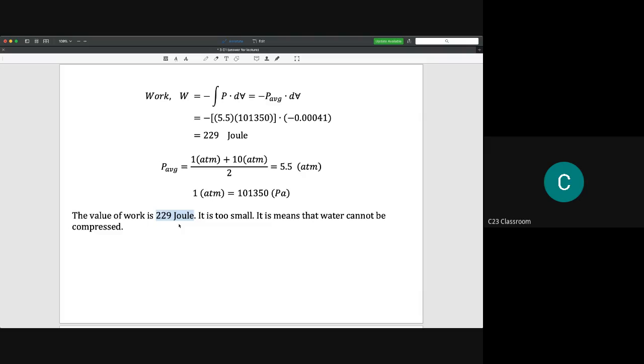Just think like you have a machine and it starts to press, but when it reaches 229 joules, your machine stops. So it means you actually need a lot more, maybe greater energy, to compress water to 10 atm. But in reality, we assume that we cannot compress water because it is totally an incompressible fluid.